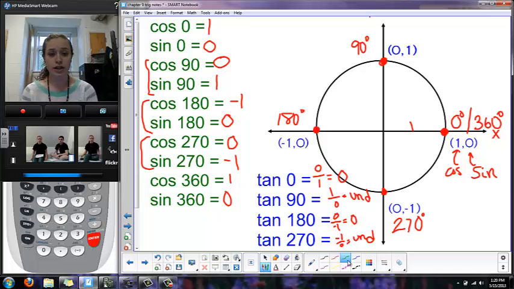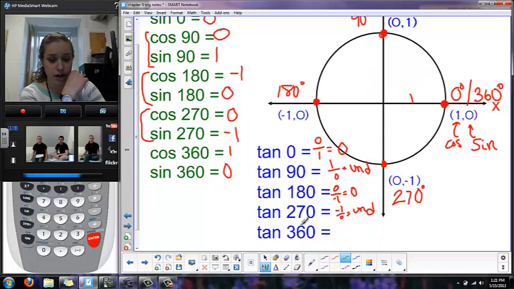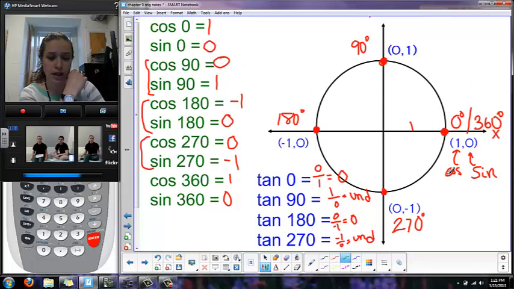If you are trying to remember what the tangent of one of these points are, so 0, 90, 180, or 270, let's look at it like this. Both 0 and obviously 360 is the same thing as 0, so that's 0 as well. Okay. The tangent of 0, the tangent of 180, and the tangent of 360, those are all equal to 0.